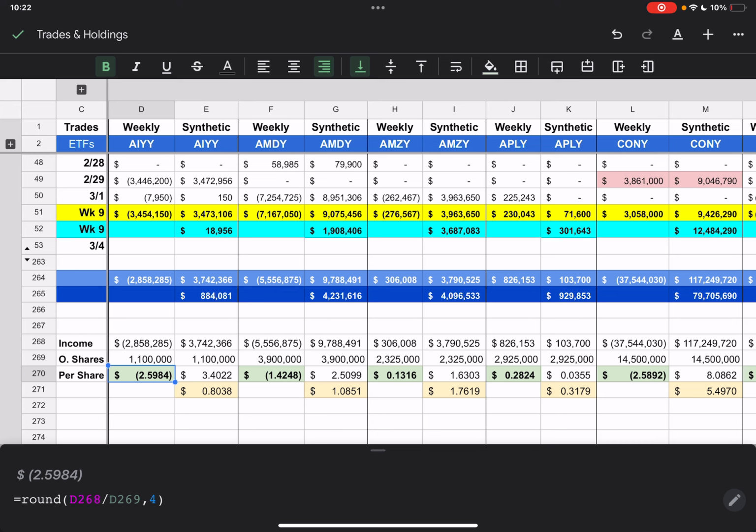Now, I did round this to the 4th decimal, and the reason I did is because I'm pretty sure that when Yieldmax does theirs, they'll do it up to the 4th decimal point. I can double check that. I think Defiance does 2. I think Yieldmax does 4. I can double check that and change these formulas, but right now I have it to round to that number.